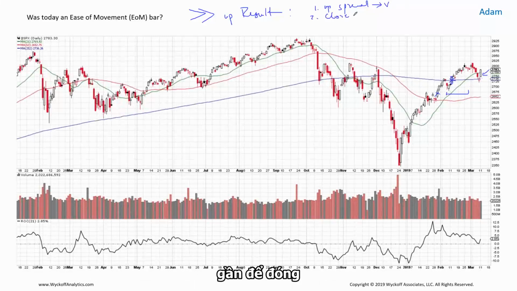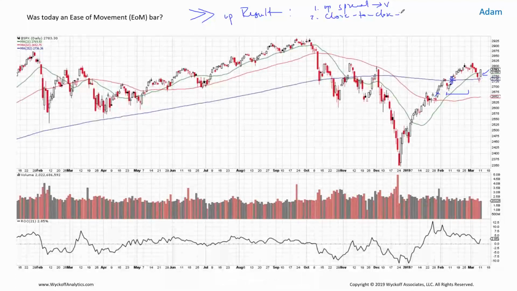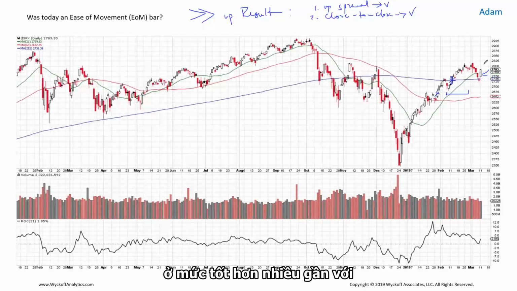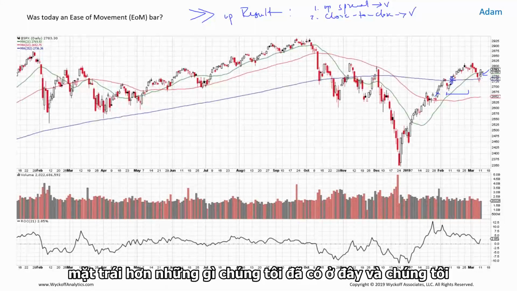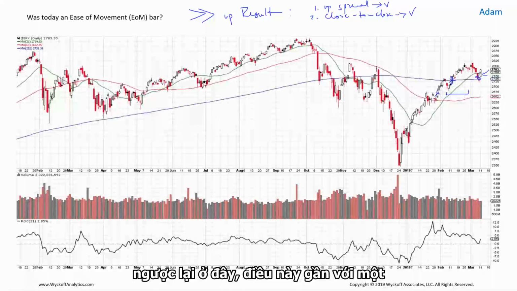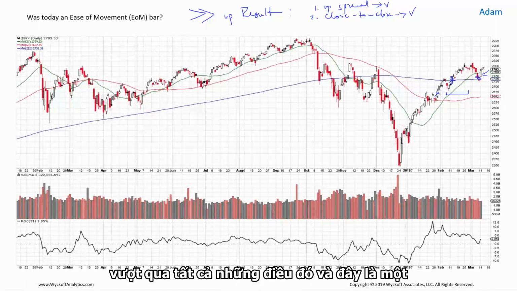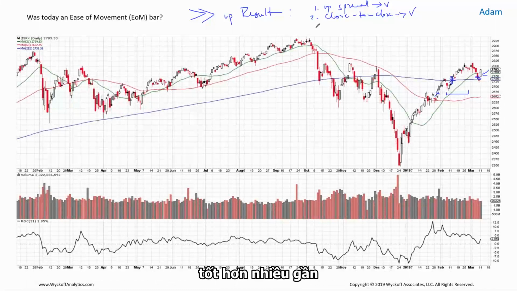Close to close. Yes, check. Definitely we are at a much better close to the upside than what we had here, and we don't even have a close to the upside here. This is a close from one down bar to another down bar, but we are overcoming all of those, and this is a much better close. What about close to spread? Yes, as well.